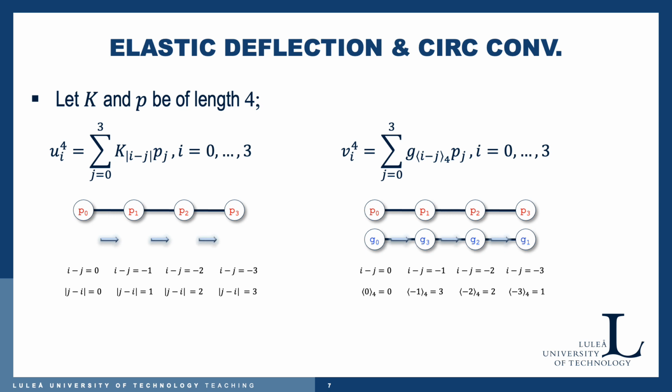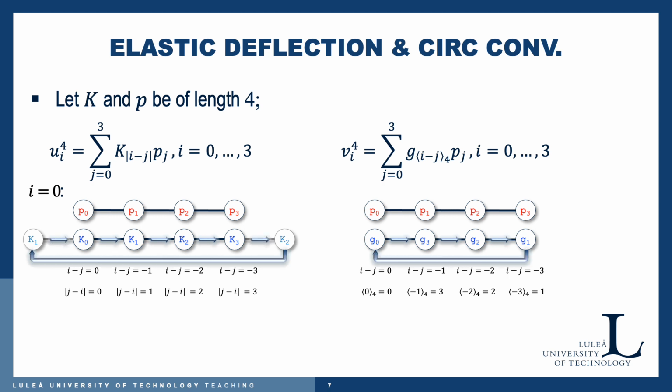And of course, when we now increase the index i one step, on the right side we know exactly how it circulates, but look what happens when we increase the number i on the left hand side, in the real elastic deflection summation example.